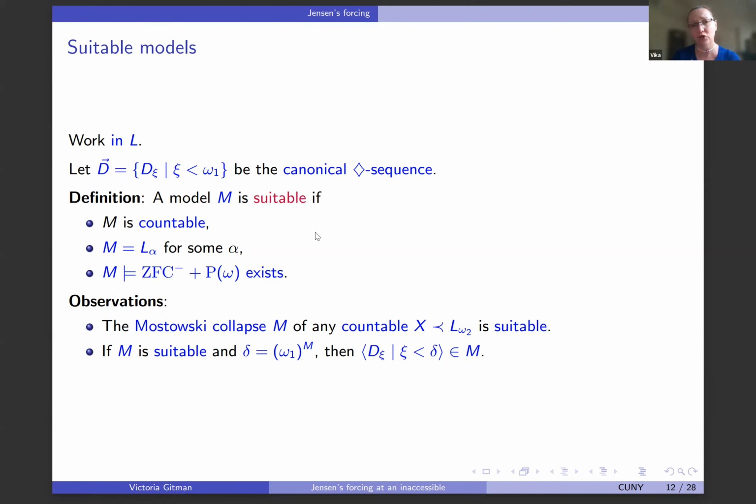So this is why I went with the simplest one. So we will work in L, and we'll fix the canonical diamond sequence. So what is the canonical diamond sequence? This is the one defined in Jech's book, where you take the L-least counterexample if it exists, as you're building the sequence.